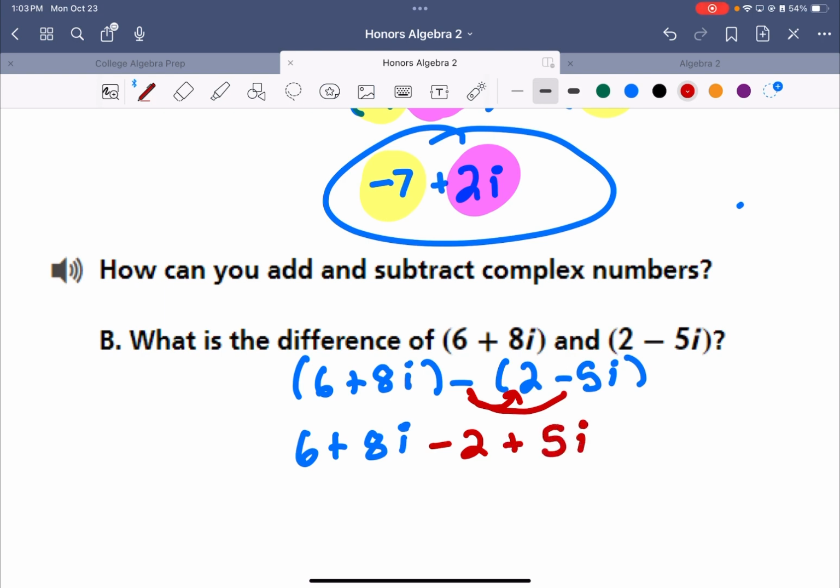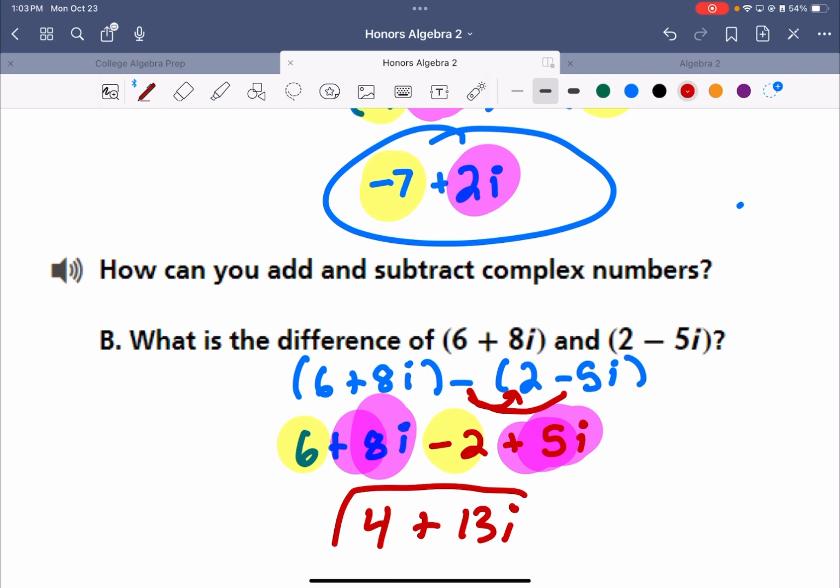So that makes negative 2 plus 5i. Now you can combine the reals with the reals and the imaginary with the imaginary. 6 minus 2 is 4. 8i plus 5i is 13i. That's your complex number when you're doing the differences. But again, be careful. You have to make sure you distribute that negative symbol because of the parentheses.